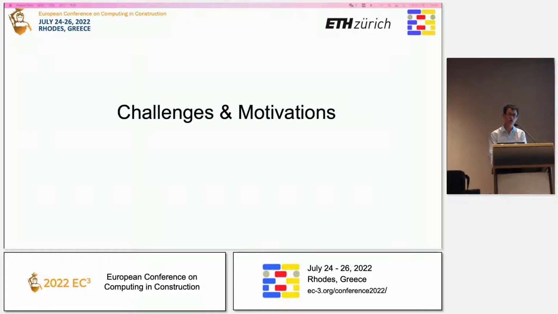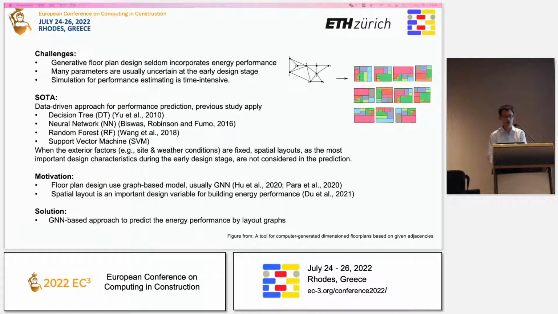Then let's look at some challenges and motivations for this study. Generative design has been a widely used tool to achieve customization and efficiency in building design. However, generative design for the floor plan seldom incorporates energy performance. You can generate thousands of floor layouts, but without understanding how the energy performance goes with each design.